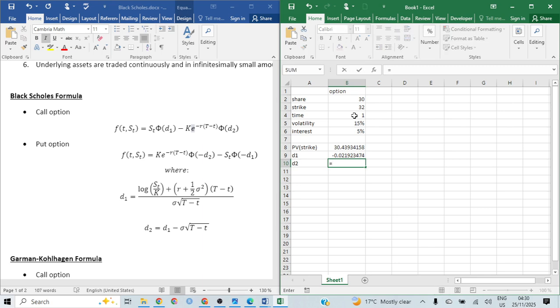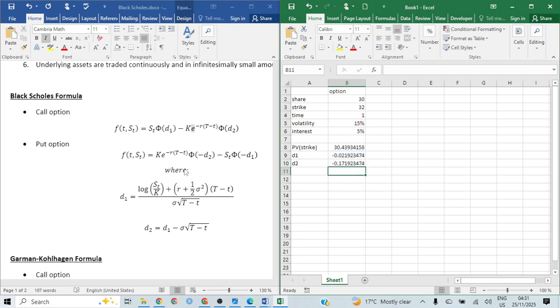To calculate the value of D2, again with this formula that is here, which during the exam you will be doing from memory, D2 is D1 less volatility times the square root of time, and that is the value of D2.